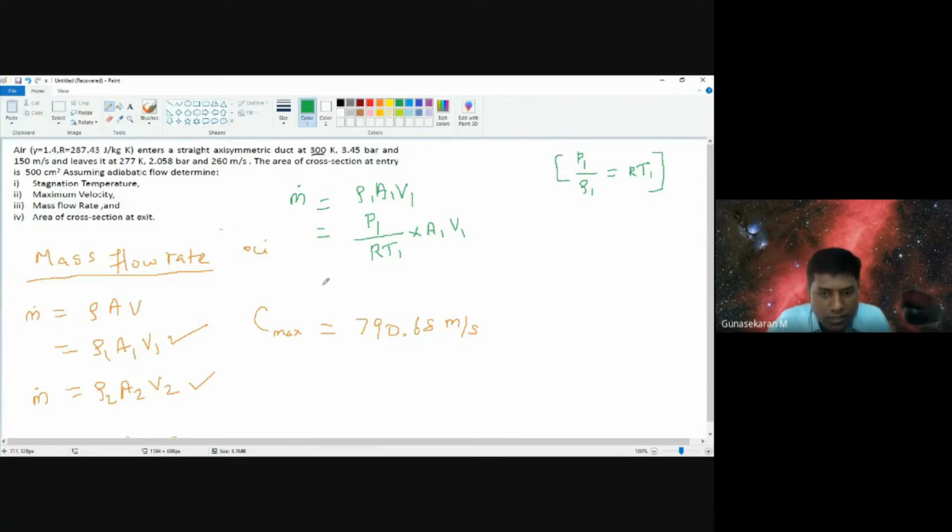Since we know the formula, just substitute the values. The static pressure at the inlet is known and the static temperature at the inlet is also known.